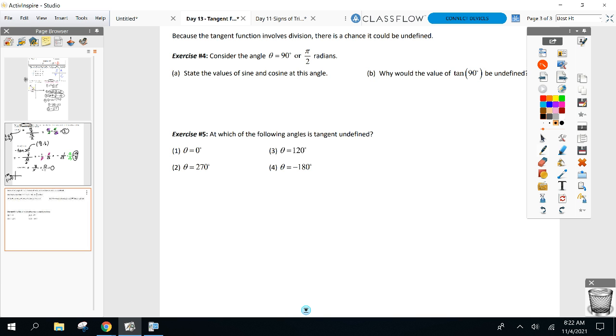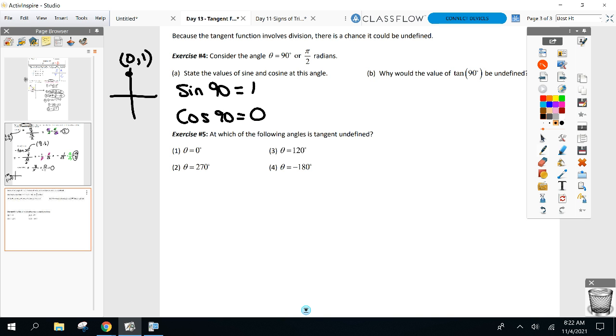Okay, now we're going 90 degrees. What's the sine and cosine at 90? What's up at 90? 0, 1. All right, let's see how quickly we can do this. Sine of 90. If you know your coordinates, sine of 90. The y coordinate. Cosine 90, x coordinate, 0. Perfect.